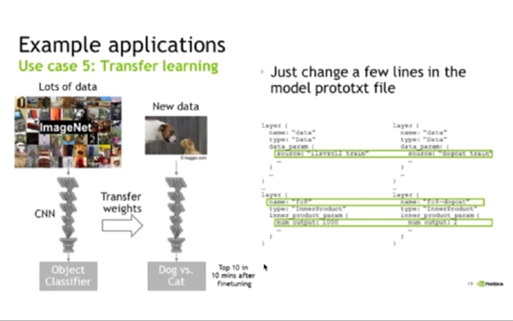So what we had done is we had generated an output of weights, which can be used to train new data. For example, if we have a given set of data like ImageNet, and we have a convolutional network for training the data, we'll train the data and transfer the weights to new data. And this can be done easily by changing a few lines of code in the model prototext file.